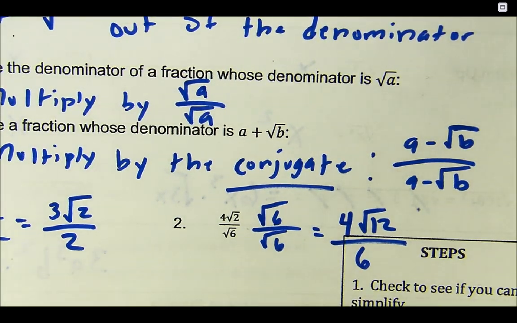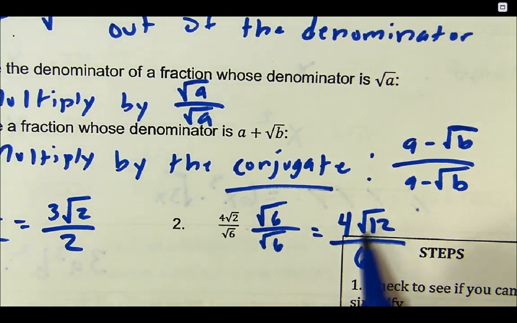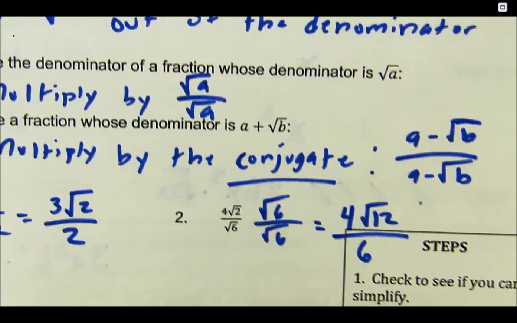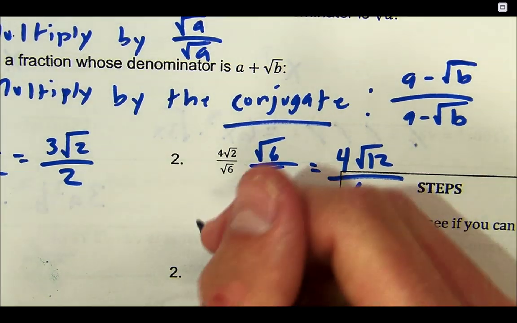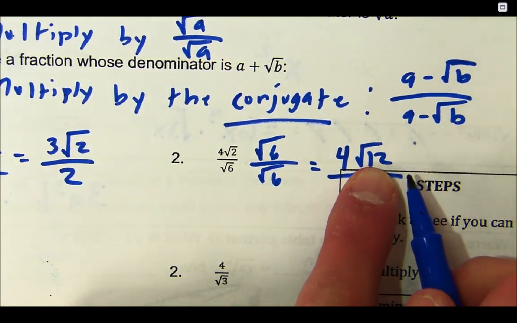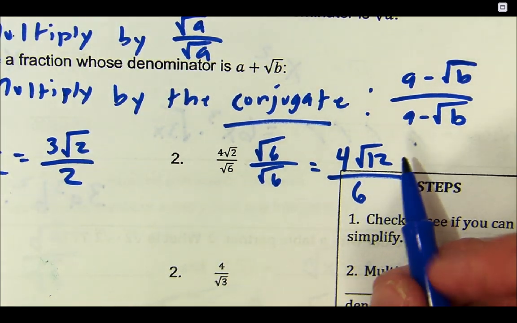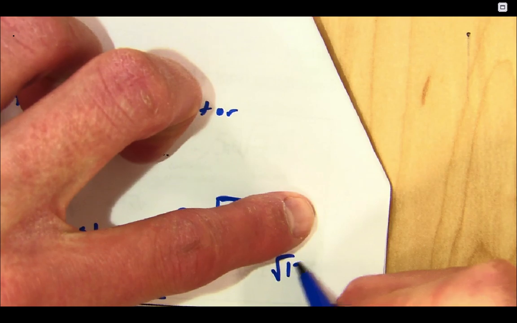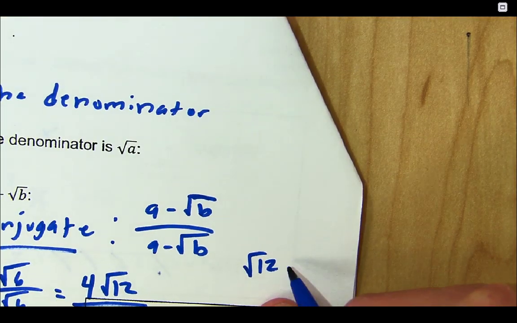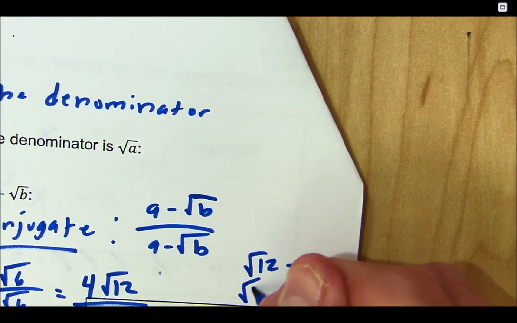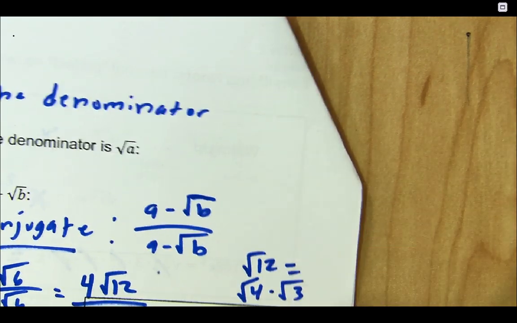Now, there's still some simplifying that needs to happen here. The square root of 12 is not fully simplified yet. And we learned right away in this lesson how to simplify the square root of 12. You pull out all of its perfect squares. Okay, so remember, the square root of 12 I can rewrite as root 4 times root 3.